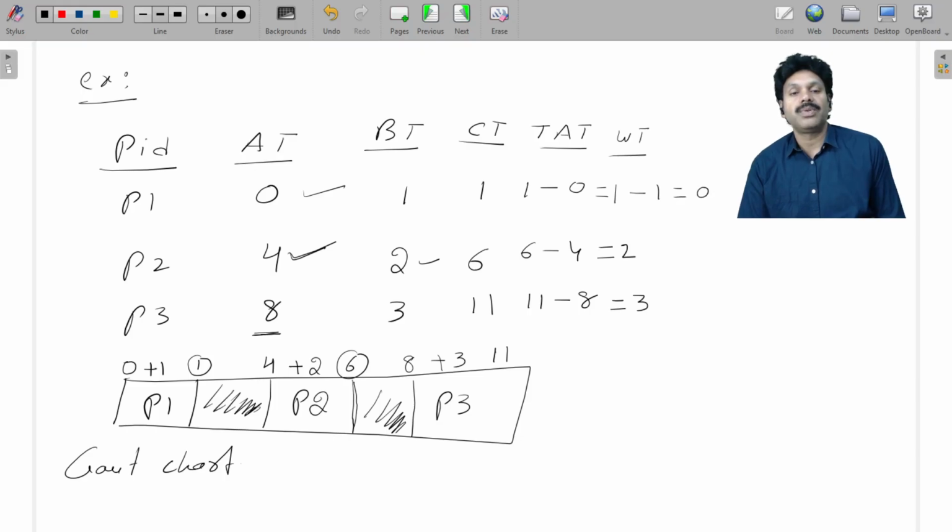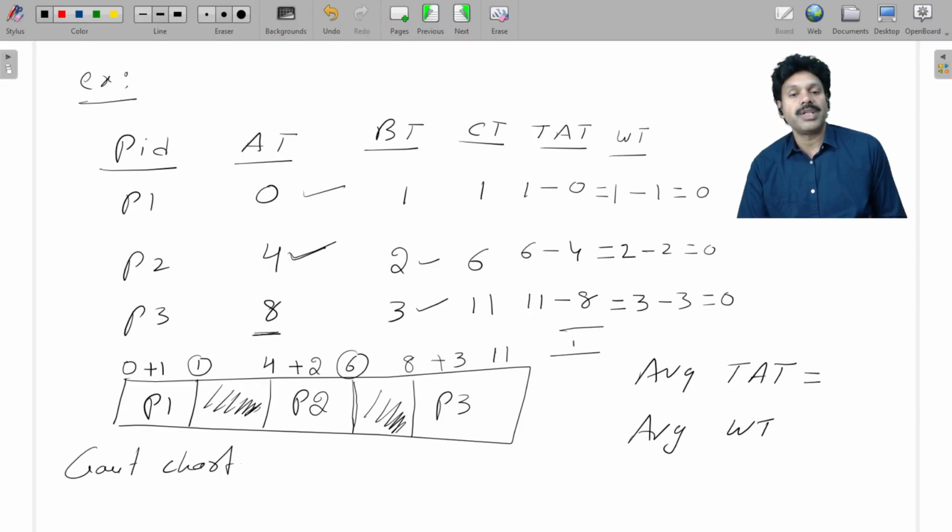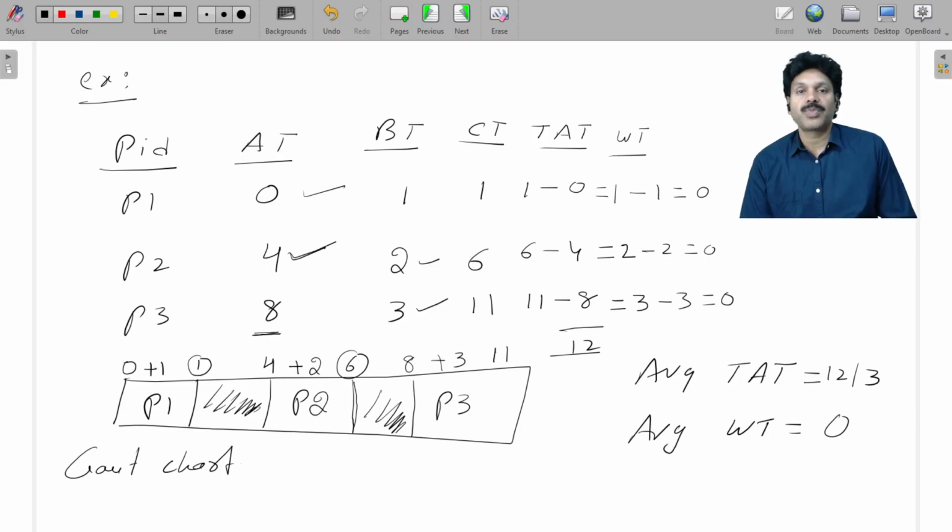Turnaround time is 2, 2 minus 2, its waiting time is 0, because as soon as it has come, the CPU is processing it, and 3 minus 3 burst time, your waiting time is also 0. So in this case, average turnaround time and average waiting time, let us see. Average turnaround time is 12 by 3 processes. Average waiting time is how much? 0. See the beauty of this problem.